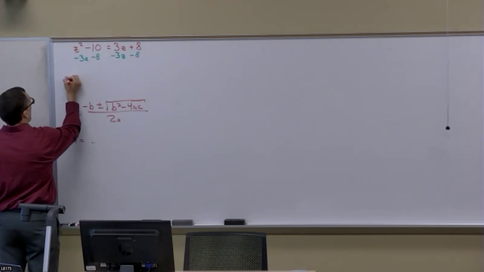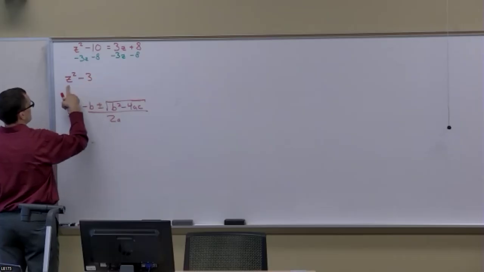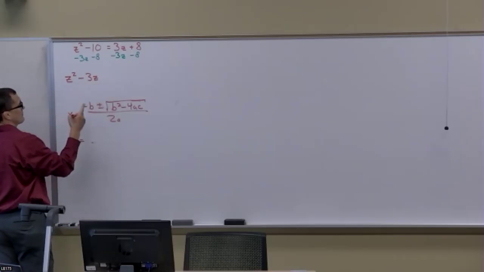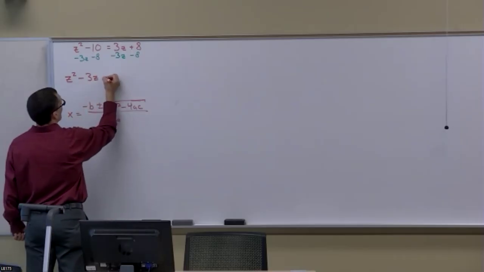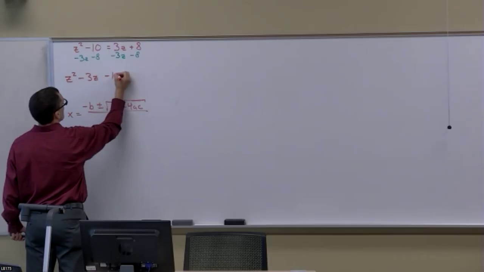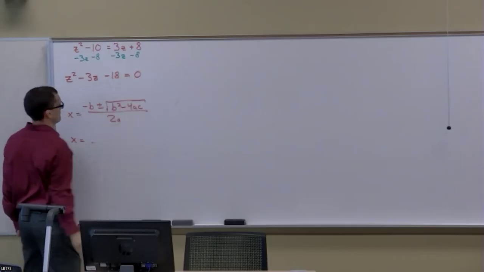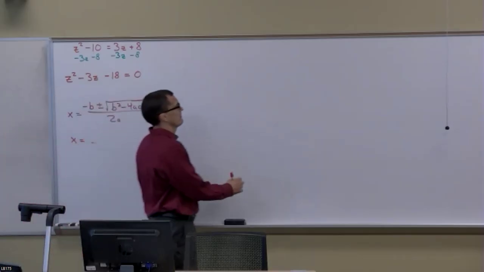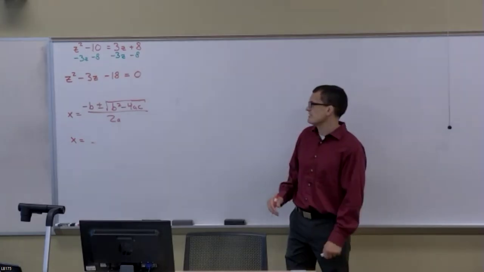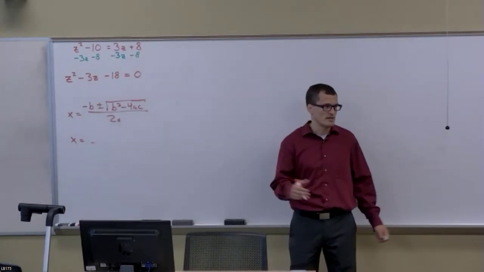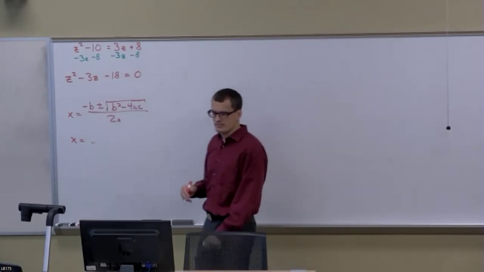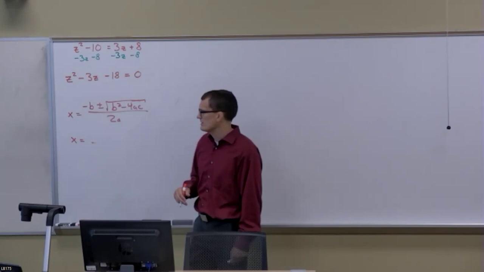And I always put it so that my squared term is first, my variable with the first power is second, and then my constant is the third term on the other side. And it's just as easy if you have 0 on the right or on the left. It doesn't matter, obviously. But I always put the quadratic in descending order.